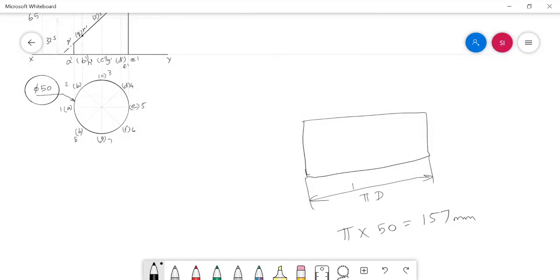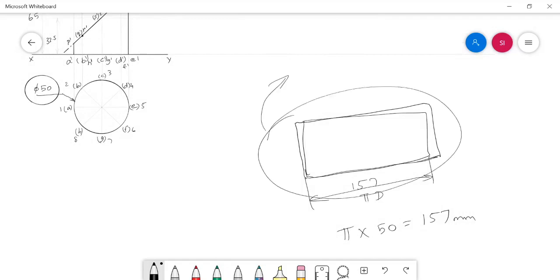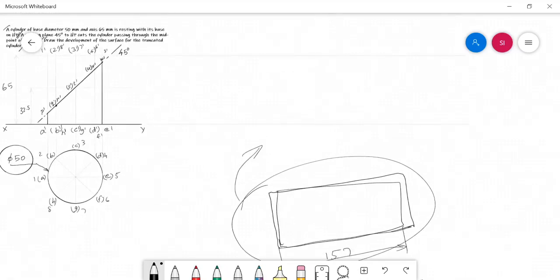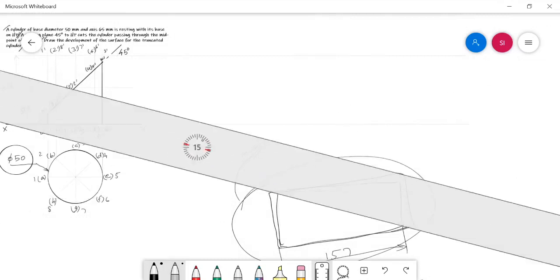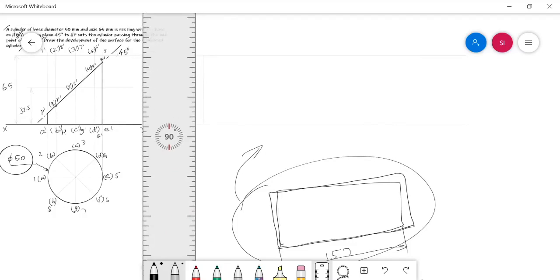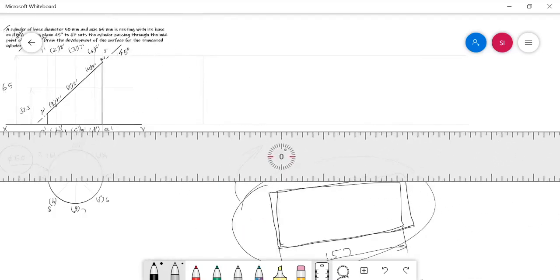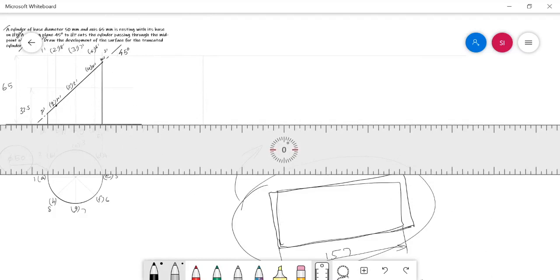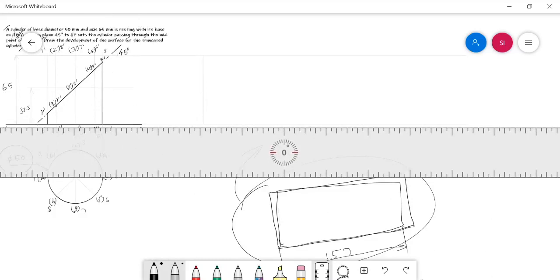So with 157 mm length and the height equal to the axis height of the solid, first we need to draw a rectangle as the development of the blank solid. Thereafter we can mark the cut points. In this, the dimensions are just approximate, so you can do the same with original dimensions later with your tools.